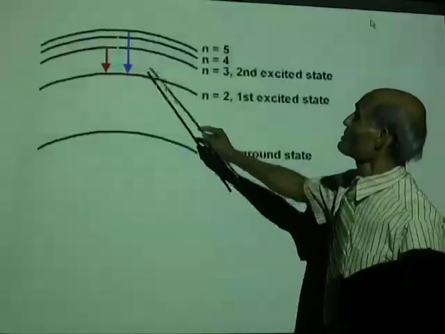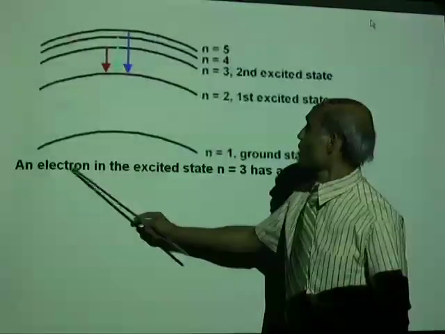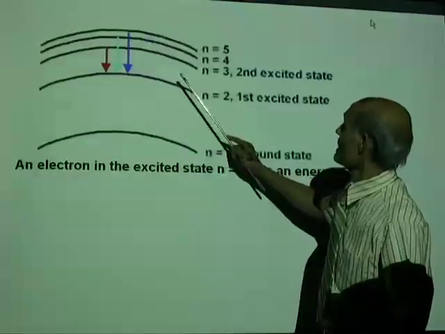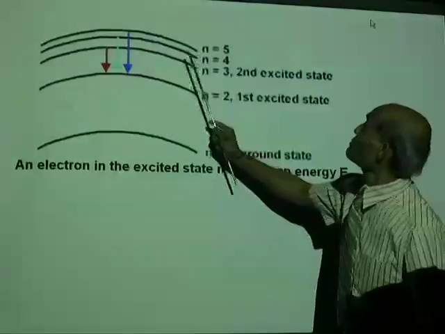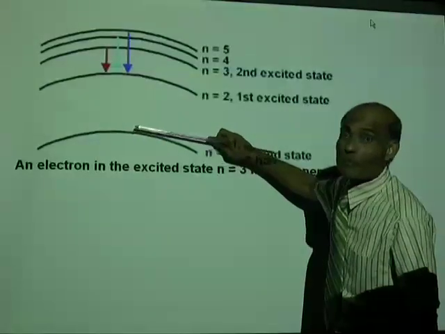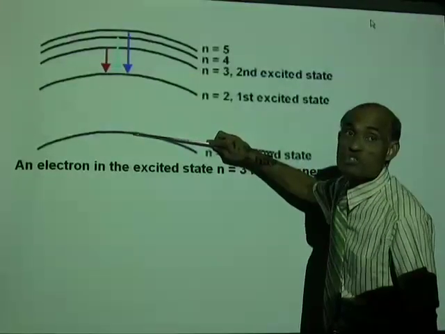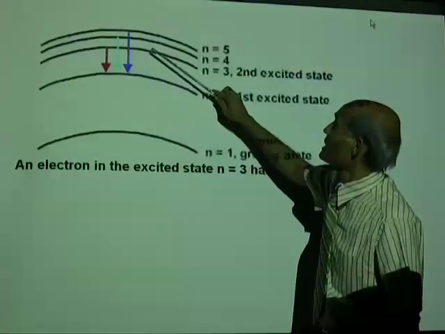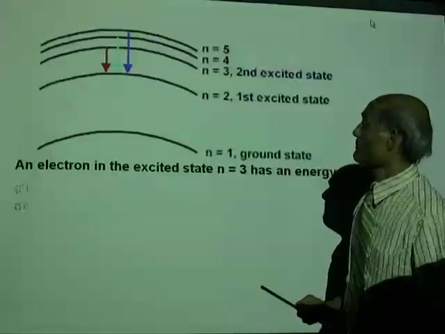Now, look at this one here. An electron in the excited state n equal to 3 has an energy E3. Here, the electron has the energy E1. In the second state, it has an energy E2, E3, and so on.